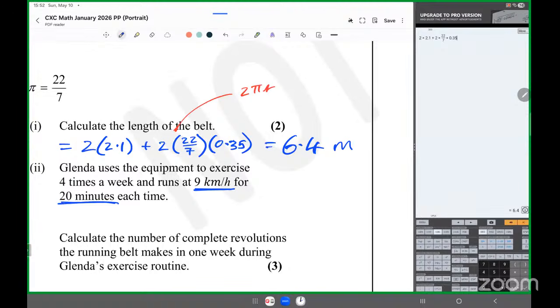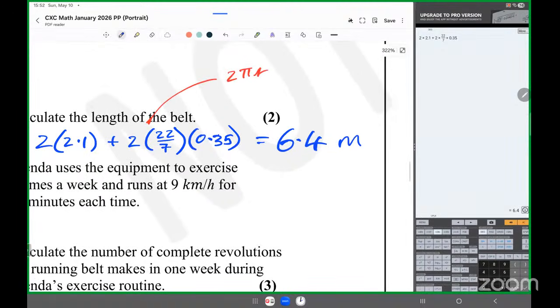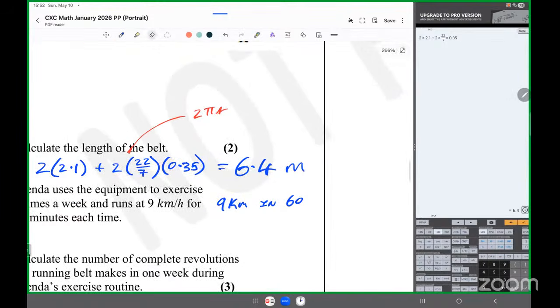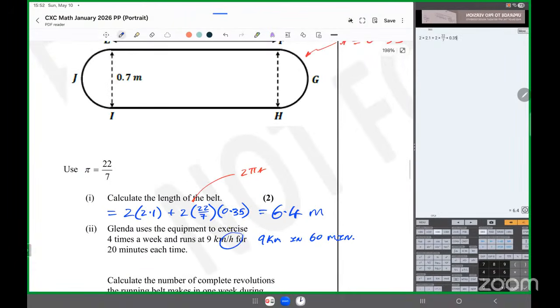Let's do a simple breakdown. Because this 9 kilometers per hour really means 9 kilometers in 1 hour, which is 60 minutes.